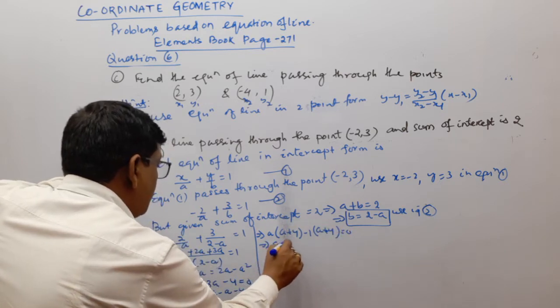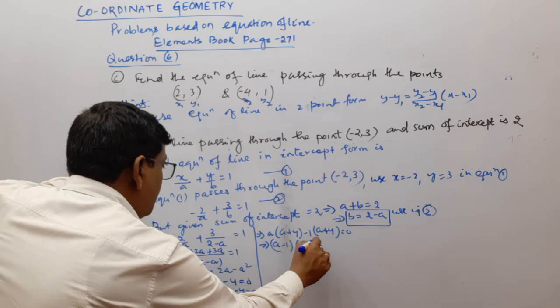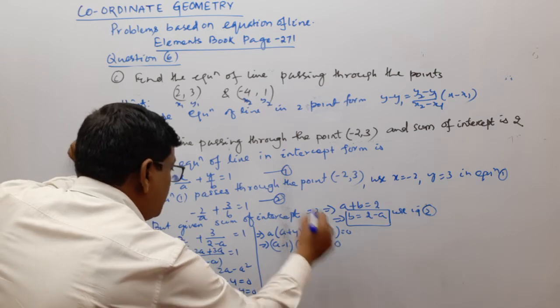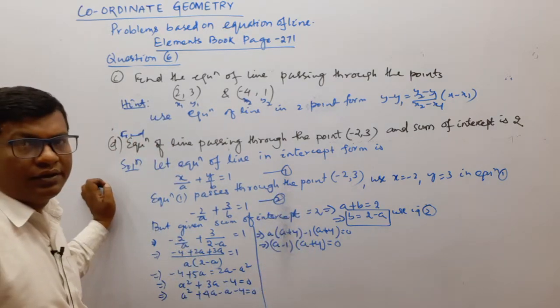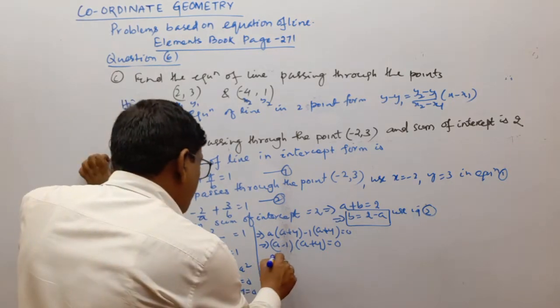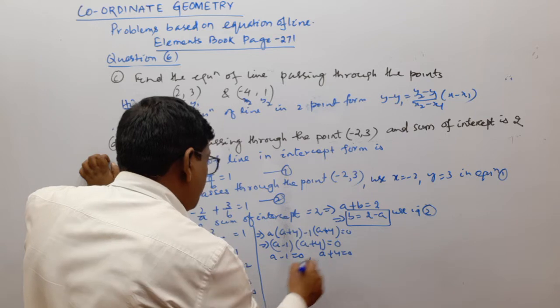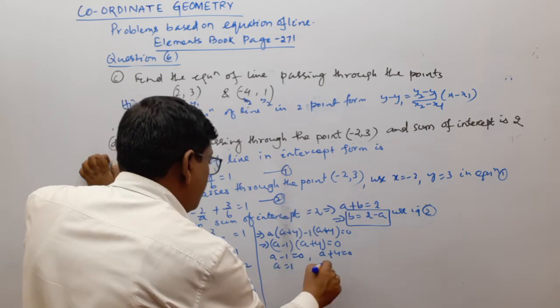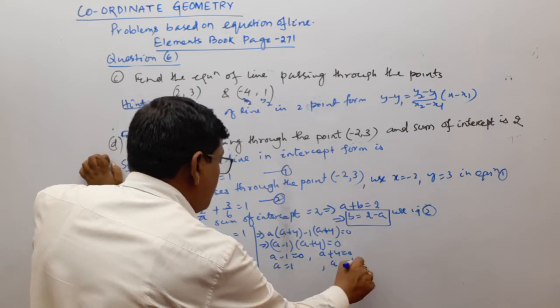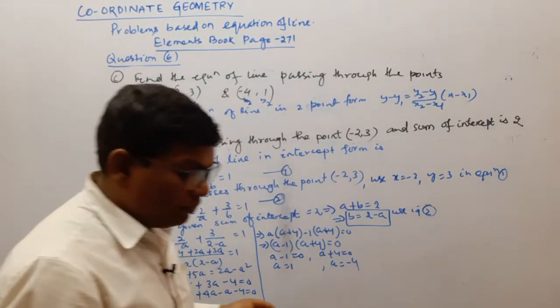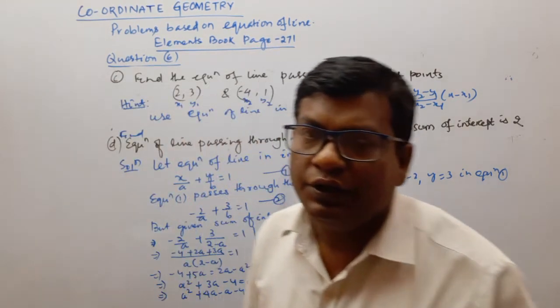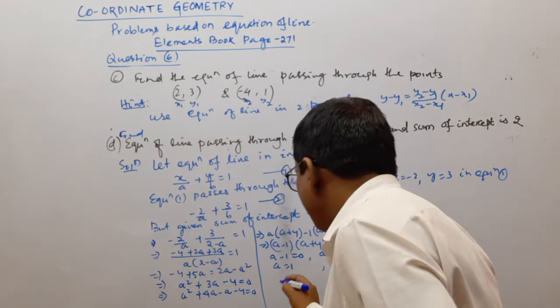That implies (a minus 1) into (a plus 4) is equal to 0. Clear? So a minus 1 equal to 0, a plus 4 is equal to 0. So a equal to 1, or a equal to minus 4. We know a plus b is equal to 2.